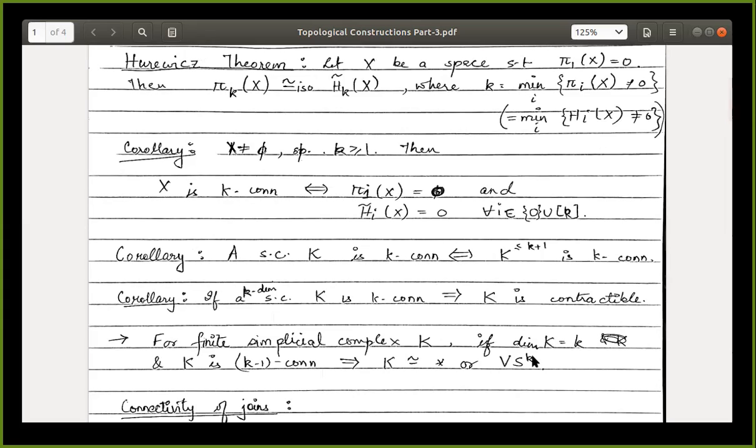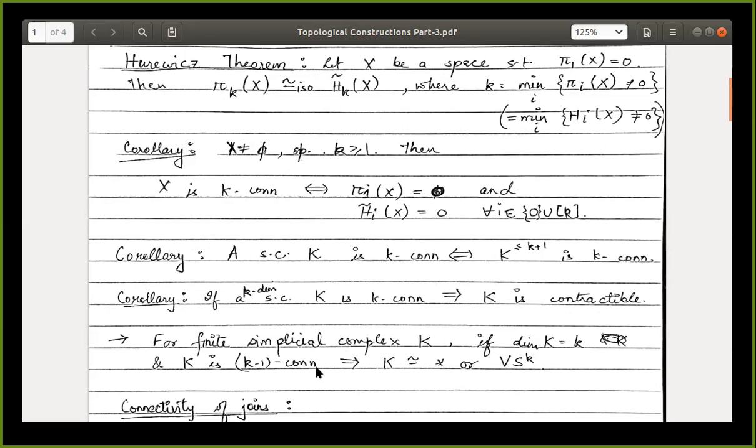Okay, so this in some sense is capturing the data from here and here. So you have a k-dimensional space which is one dimension less connected. This was telling you that a k-dimensional space being k-connected implies it is contractible.